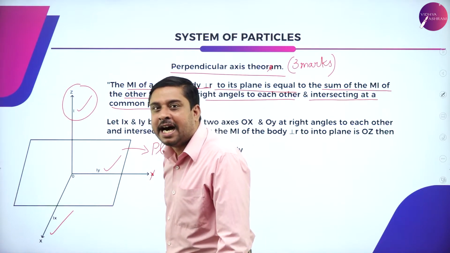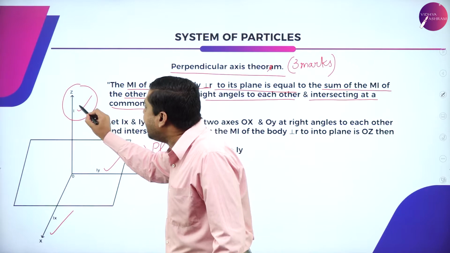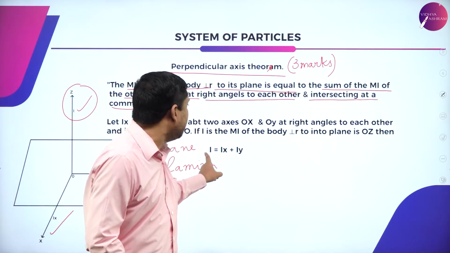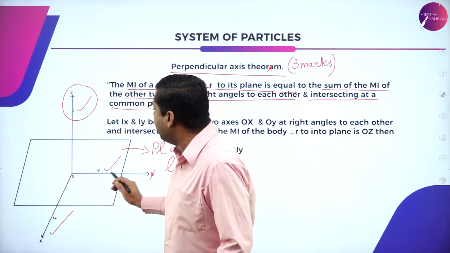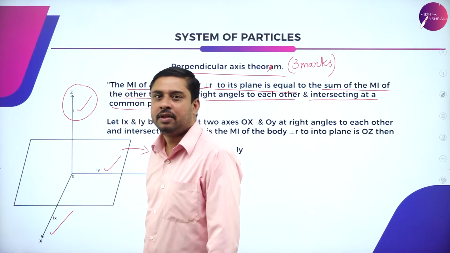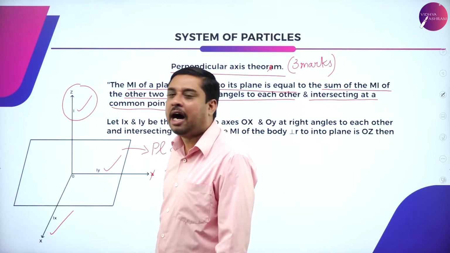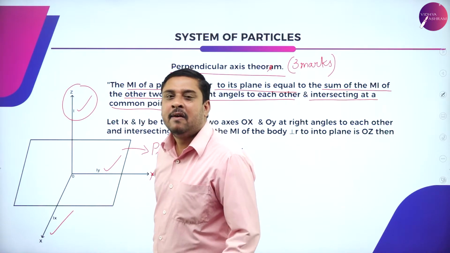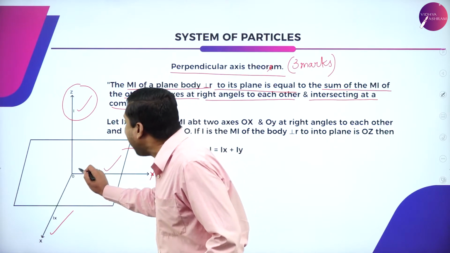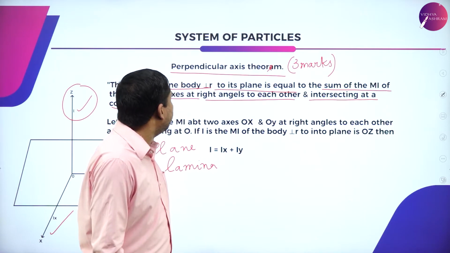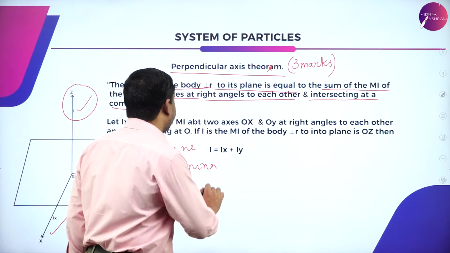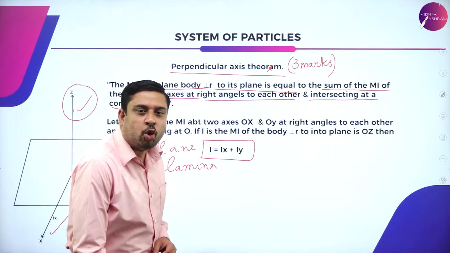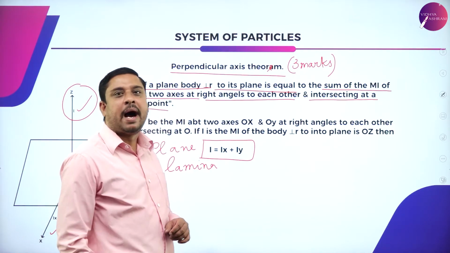So the moment of inertia about an axis perpendicular to its plane, that is I, should be equal to the sum of the moment of inertia of the other two axes, Ix and Iy, which are at right angles to each other, which act at a common point. Therefore, very clearly the perpendicular axis theorem says I should be equal to Ix plus Iy.